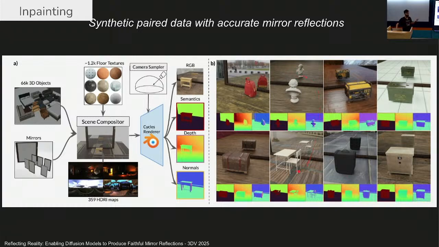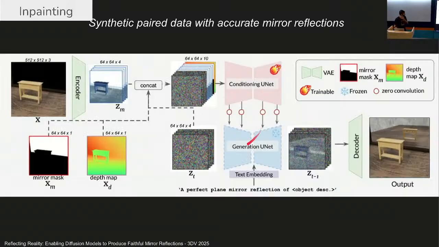Now with this data, we trained an inpainting model. So this is the inpainting model. You have a generation branch, the standard generation thing. You start from noise, denoise multiple times to generate something. It is conditioned on the text as well. Now we have another conditioning branch. That conditioning branch takes your background image along with the mask information.